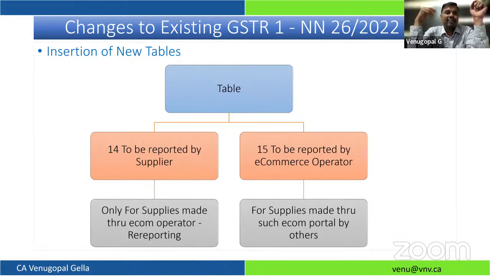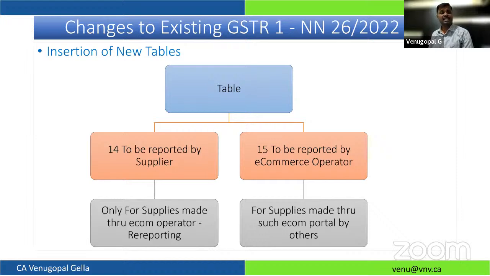Conversely, if I am the e-commerce operator, like let's say I'm Flipkart, Amazon, Ola, Uber, whatever, if some sales are passing through my portal, then I shall be reporting the details in table 15.